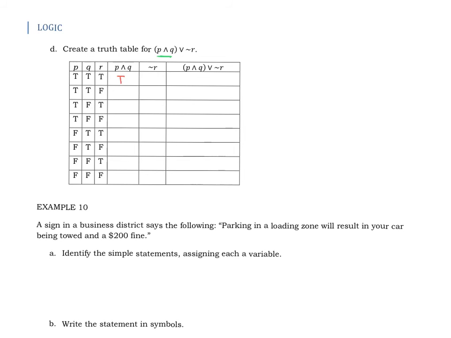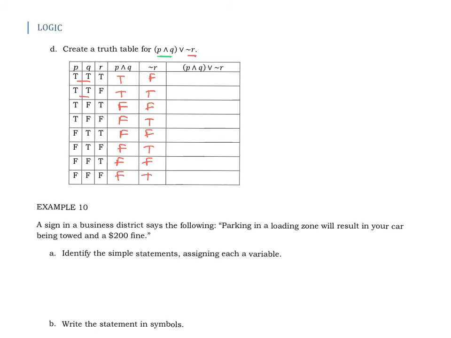So we have true there, true here, true false is false, true false is false, false true is false, false true is false, false false is false, false false is false. All right, I have that taken care of, and then we have the negation of R. So I just need the opposite truth value of what's in the R column. So false, true, false, true, false, true, false, true.